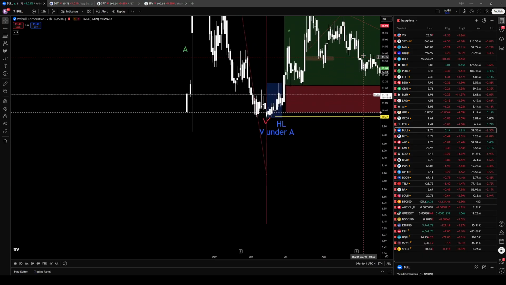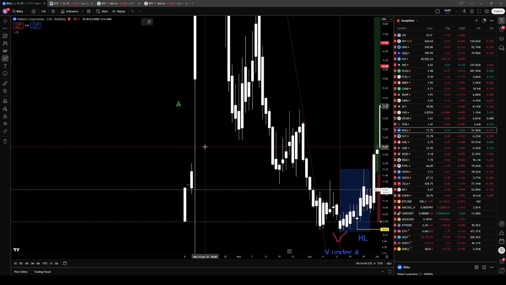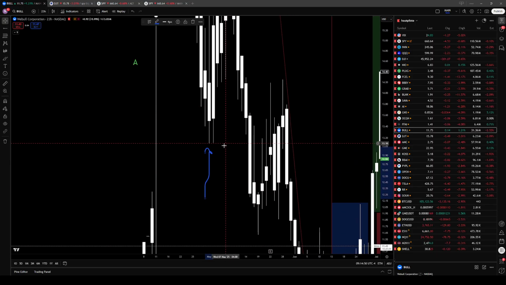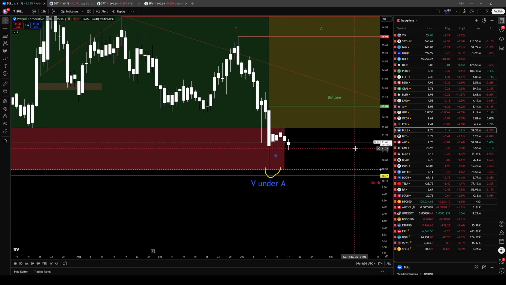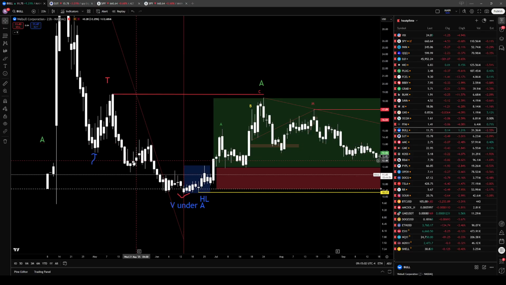And again, if you look here, we would be exactly here right now. And if you look closer, you have here a higher low and here a lower low. It's the same like here. Higher low, lower low. So it gets interesting if we see this move.